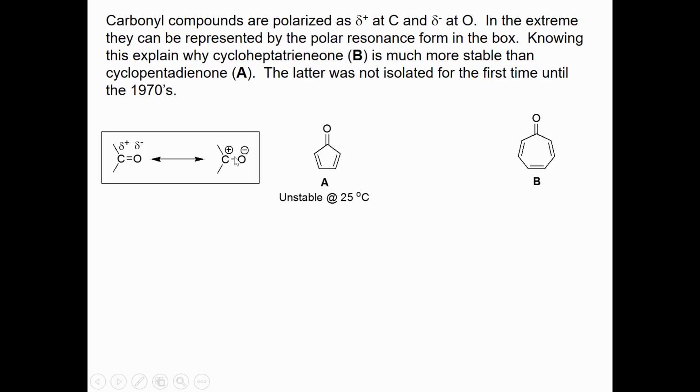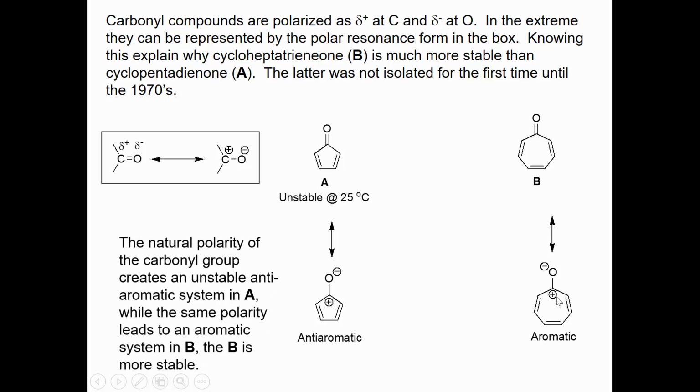All right, so when we employ that resonance form in A, we get this anti-aromatic compound here. When we employ that resonance interaction in B, we get an aromatic system, the cycloheptatrienol cation, shown here.